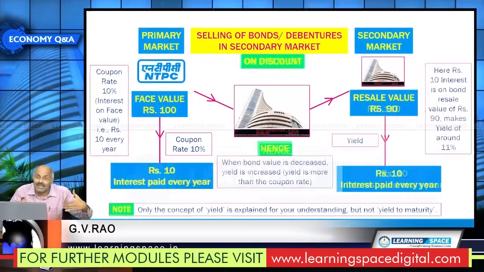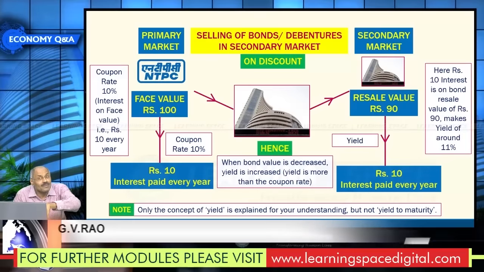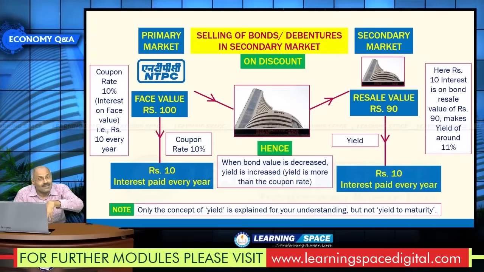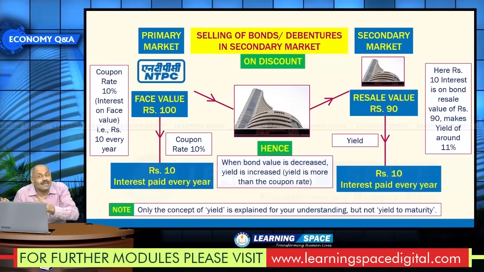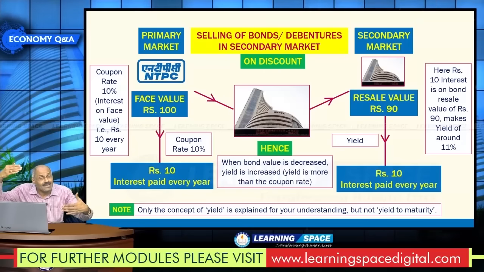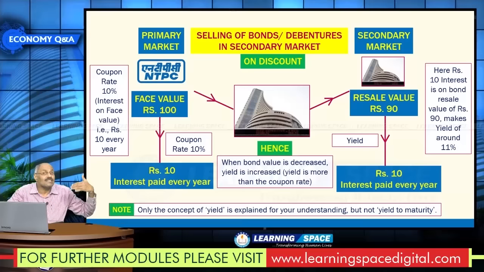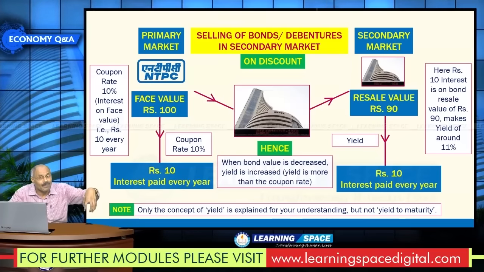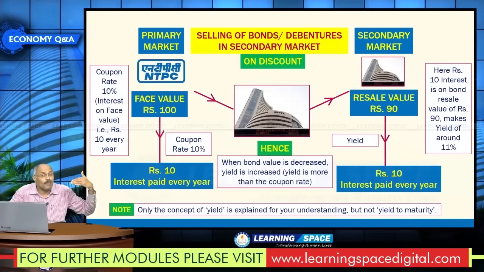In the secondary market, if someone purchases the bond for rupees 90, then his yield will be around 11%, because he will continue to get rupees 10 interest on the purchase price of rupees 90. So this is the difference between coupon rate and yield. Coupon rate is the original interest rate announced by the company, and subsequently when a person purchases these bonds or debentures, the interest he gets on the purchased amount of the bond is known as yield.